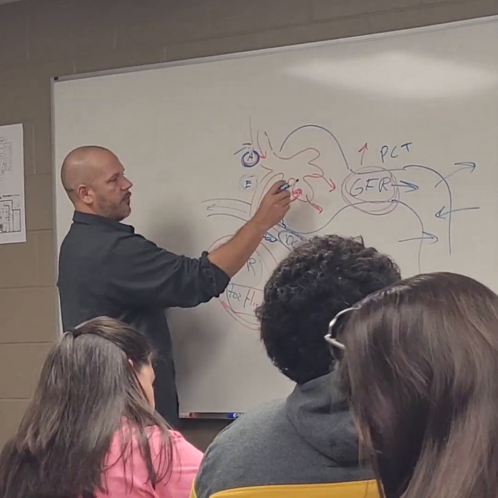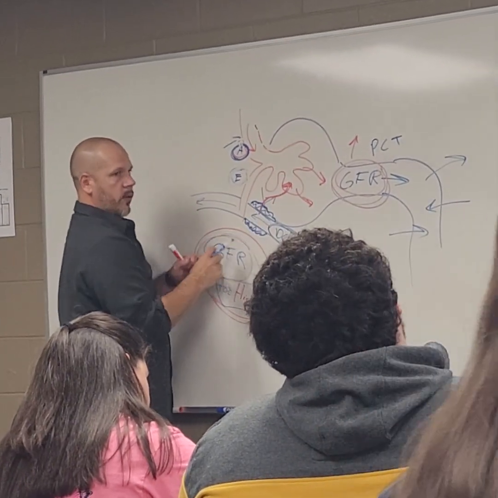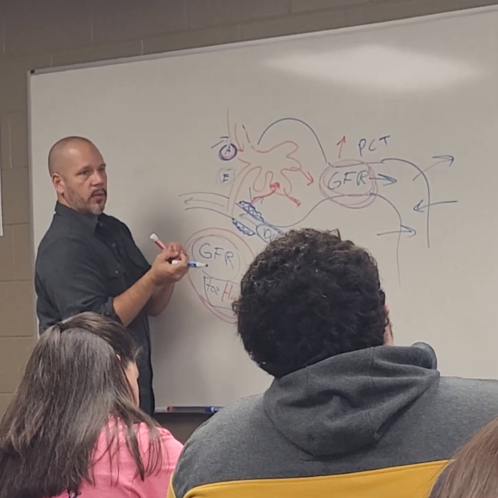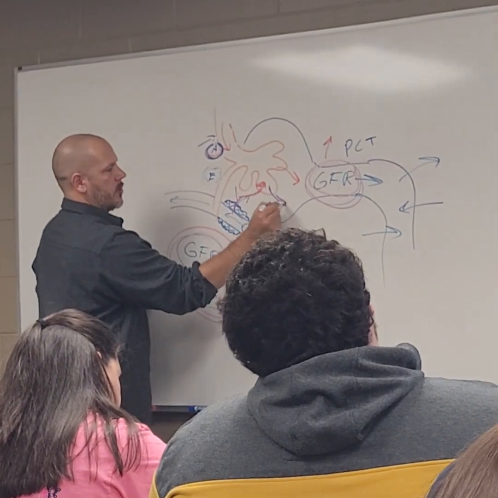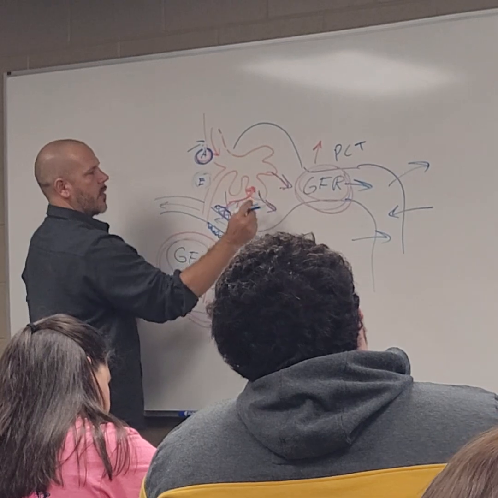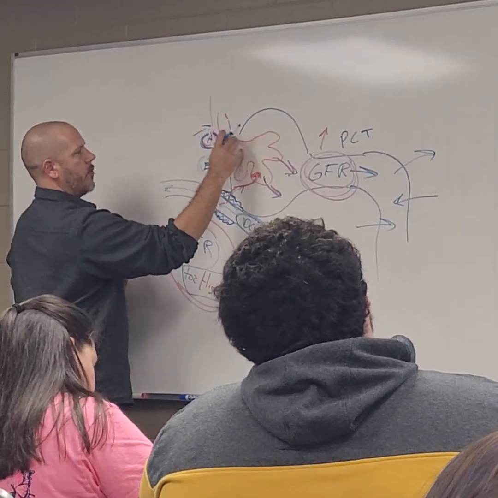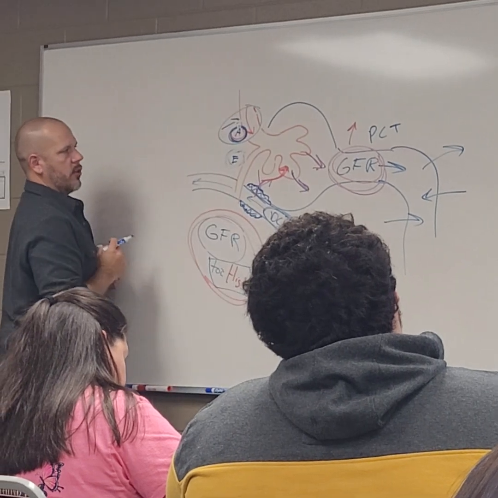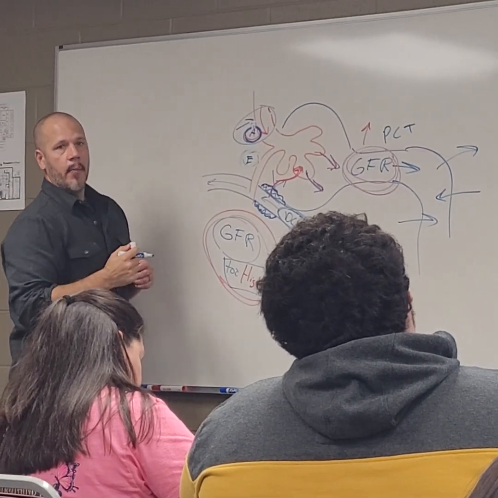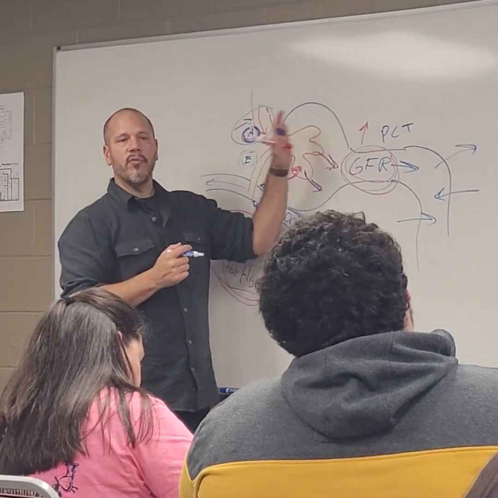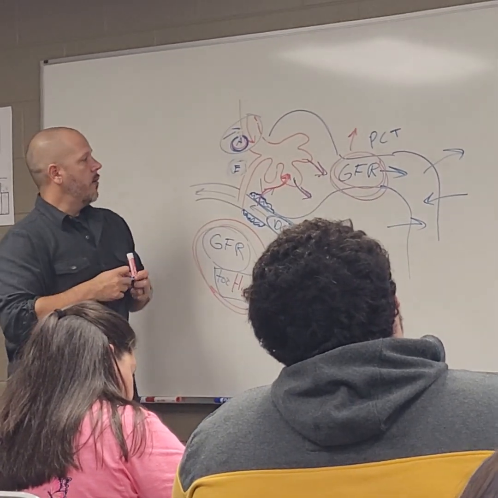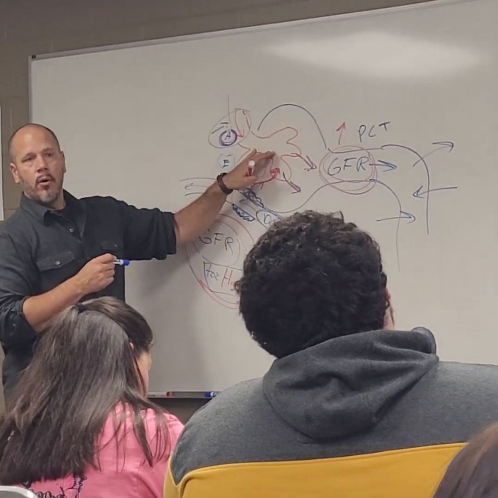If they detect a flow rate that is too low, they're going to do just the opposite. They're going to squeeze. So I'm going to change my output here by modifying the capillary diameter rather than the afferent arteriole. But the effect is the same.